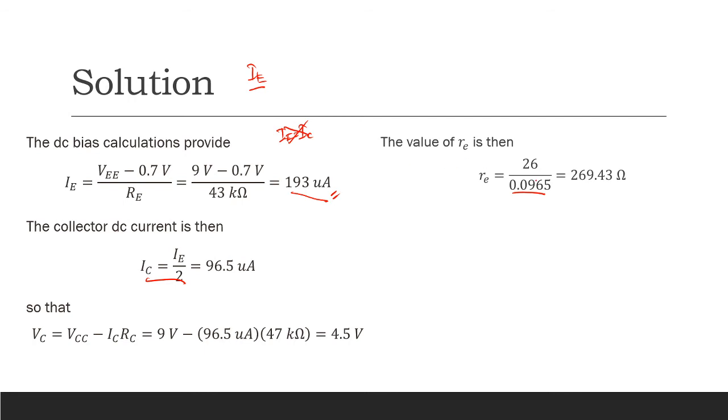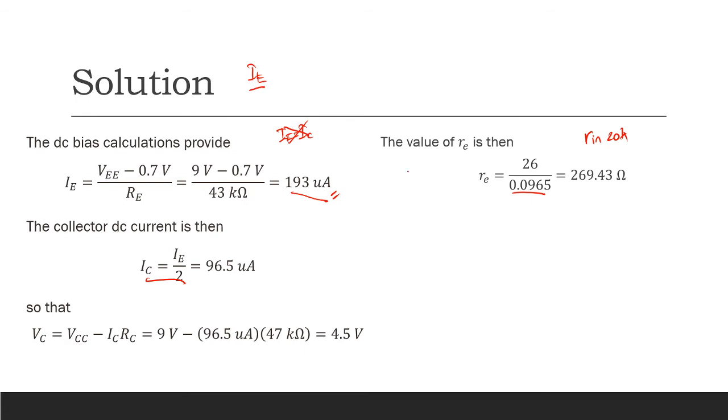So that is why ang ginamit natin to find re is 0.965. And that is equal to 269.43 microamperes, which is just tama lang din. Ang given kanina na RE is 20K.